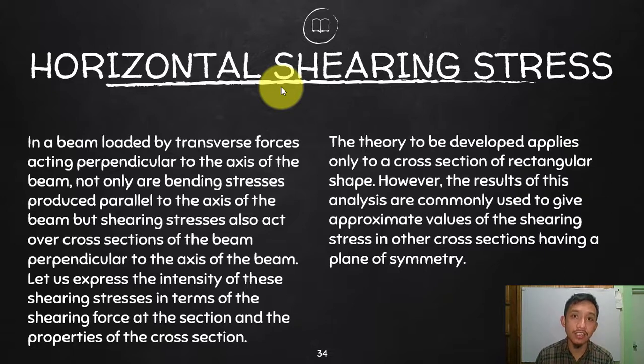Your vertical shearing stress is obvious: from summation of vertical forces, whatever shear is experienced by that section, the vertical shearing stress is just the shear force divided by the area. That is uniform. But this horizontal shearing stress is a little bit different, so that is what we are going to establish in this discussion.